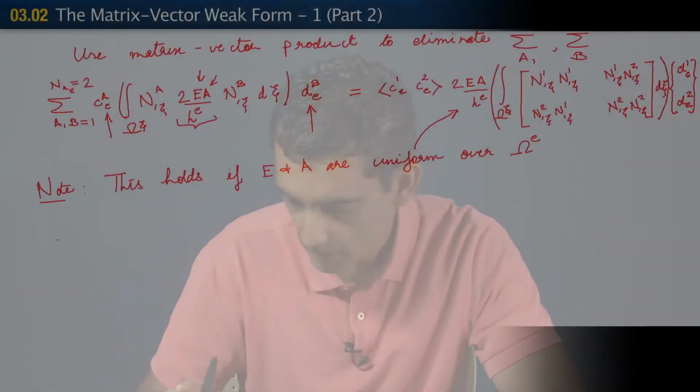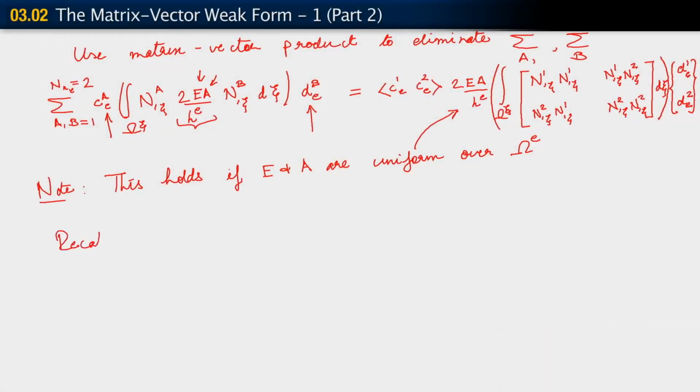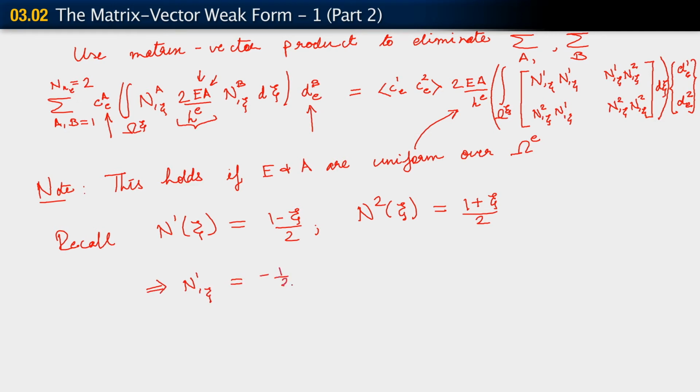Recall that N_1 of xi equals (1 minus xi) divided by 2, N_2 of xi equals (1 plus xi) divided by 2, and that gives us quite easily that N_1 comma xi equals minus half and N_2 comma xi equals plus half.